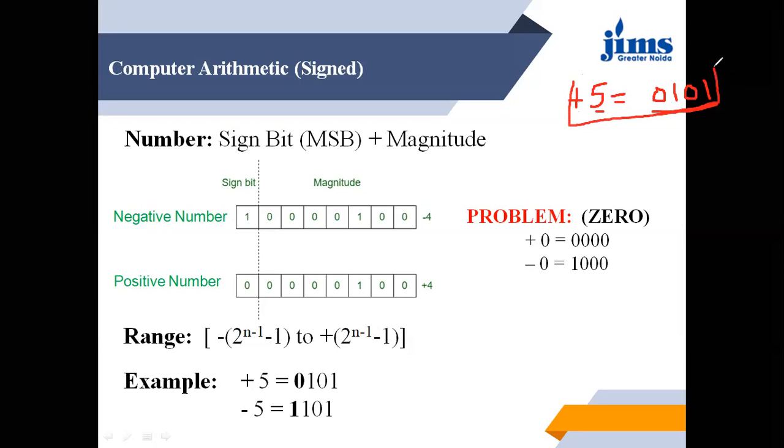But when we have to represent this in signed form, means we have to represent minus 5 also, then in signed form, what we do is keep the first bit, that is the most significant bit, to save the sign of the number, whether the number is positive or negative.